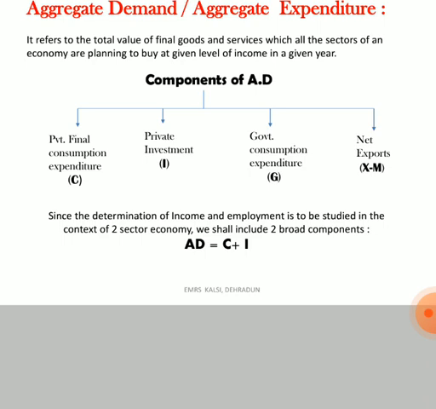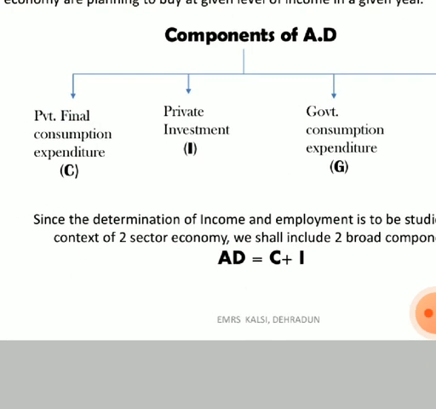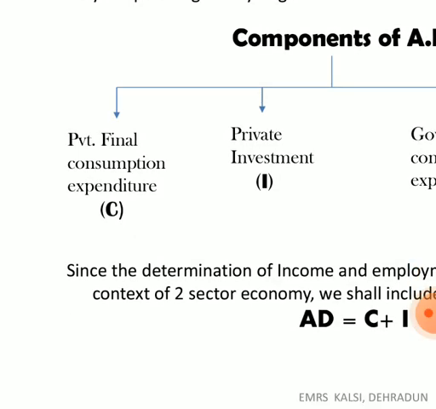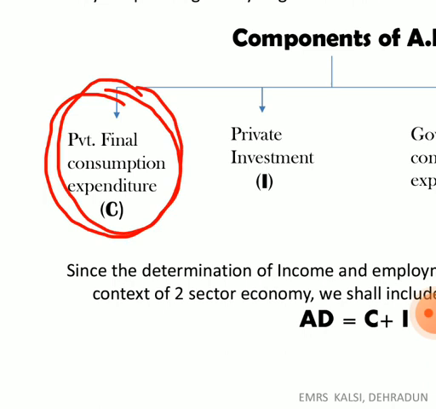We just have to revise what the components are. The first component is private final consumption expenditure, meaning the value of final goods and services which the citizens of a country, normal people, are planning to buy. This will be a component of AD.